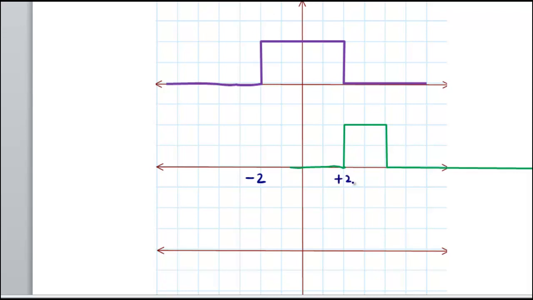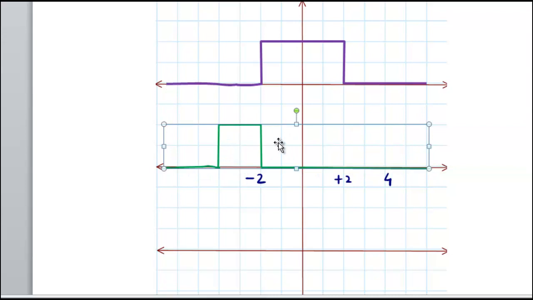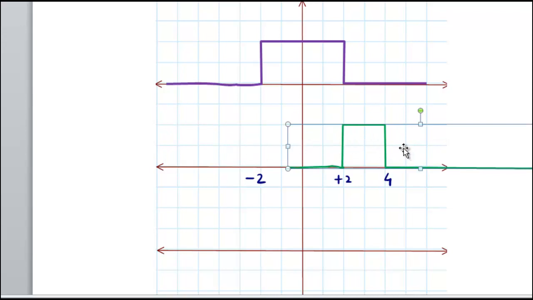Okay, so if that is +2, that means the signal has gone. If that is +2, then this is basically +4. That means the signal has gone originally from -2, and this signal has traveled almost up to +4. That means it has gone all the way up to 6.